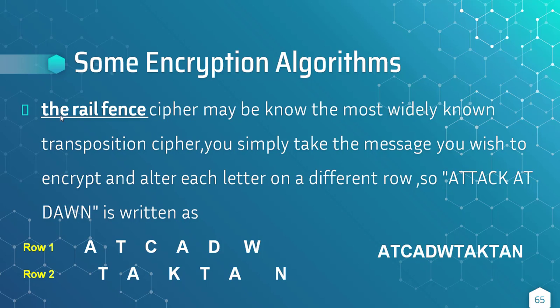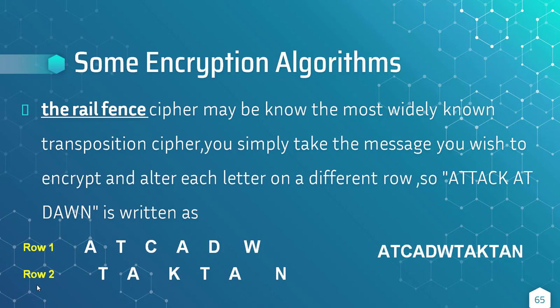So let's move on to the rail fence algorithm. The rail fence cipher might be the most widely known transposition cipher. You simply take the message you wish to encrypt and alternate each letter on a different row. As an example, we have this plain text, attack dawn, written as follows.